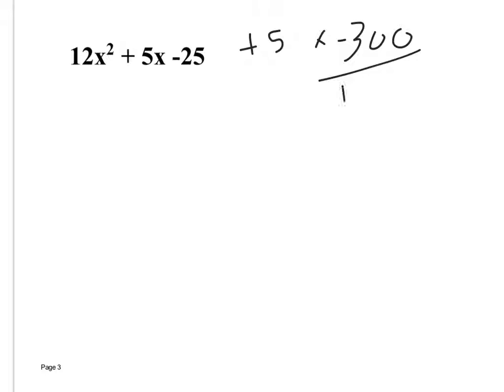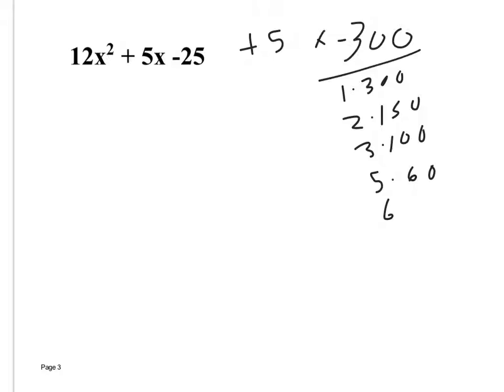Anybody? Well, definitely not 1 and 300. Definitely not 2 and 150. Not 3 and 100. You guys have any ideas? Well, keep going. 5 and what? What would 300 divided by 5 be? 60. 6 would go into, I believe.